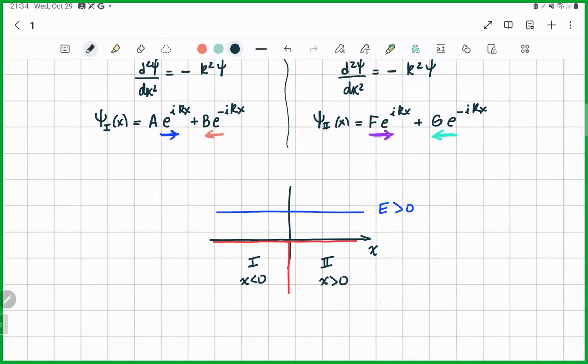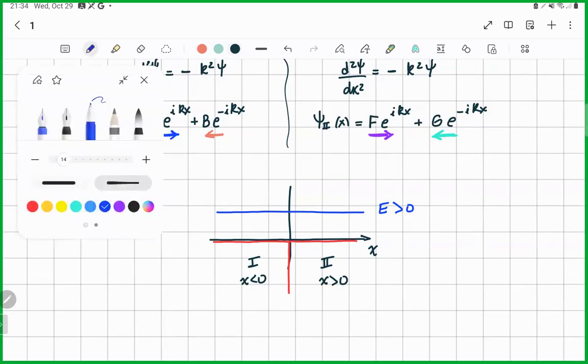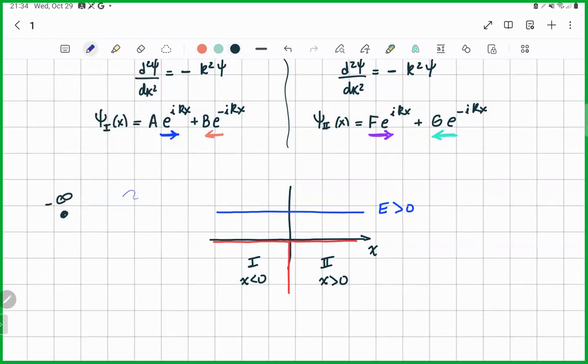Now, when we are thinking about a real problem, we have to start at a certain point. So we usually think, for example, that we are throwing our particle, we are starting our motion somewhere far away, close to minus infinity, where we throw our particle to the right. So if I assume that I started my motion at minus infinity, and my wave is propagating to the right, the part that is propagating to the right is the one with the plus ikx.